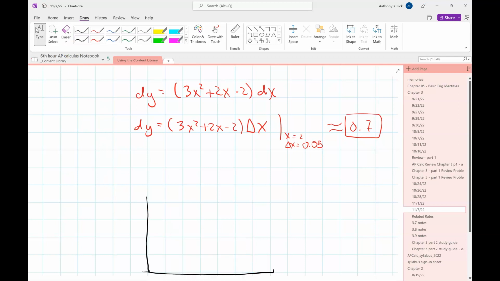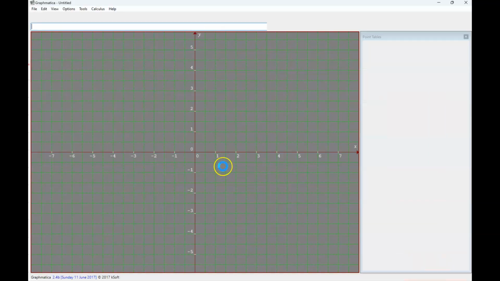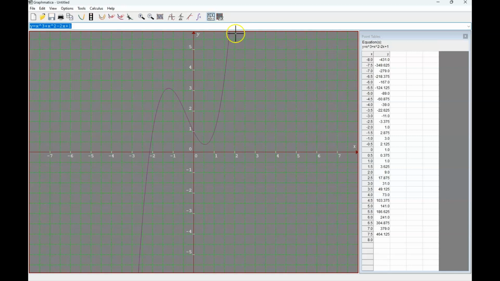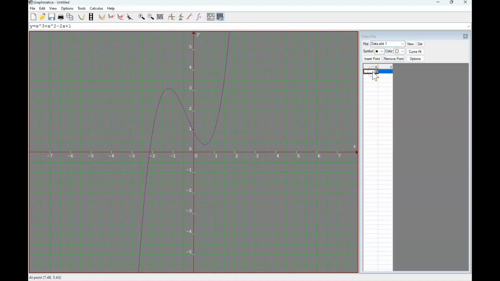So y equals x cubed plus x squared minus 2x plus 1. And then I want the point 2, 9, that was the point we were using.